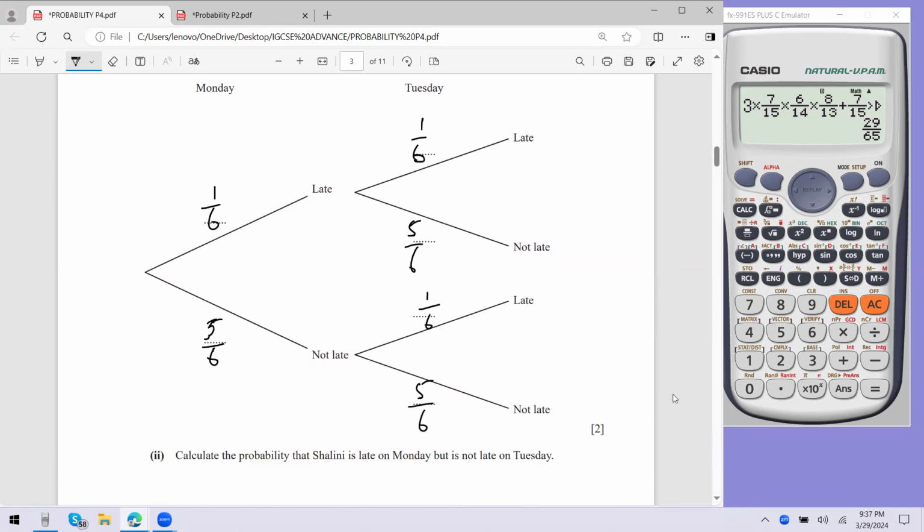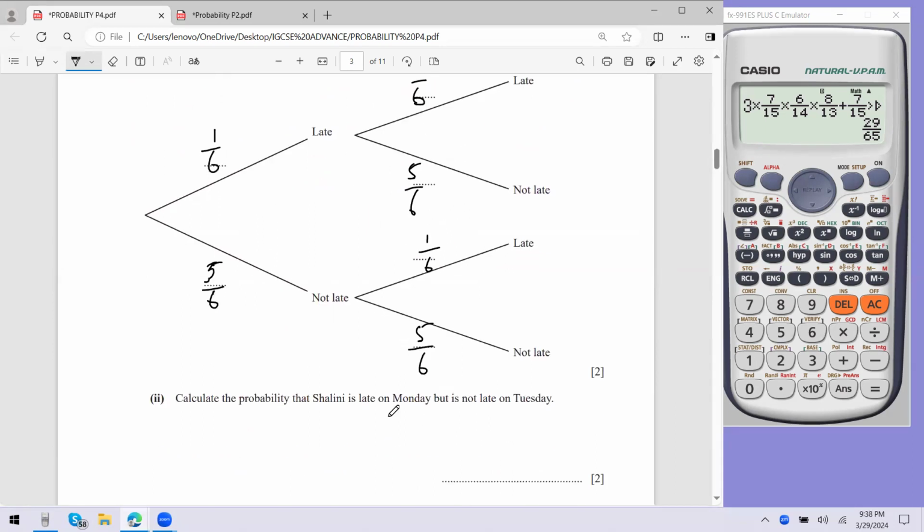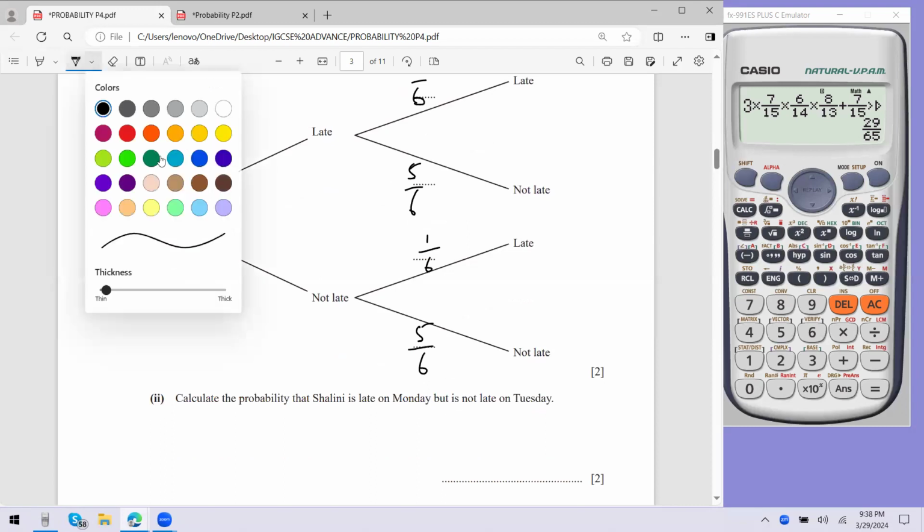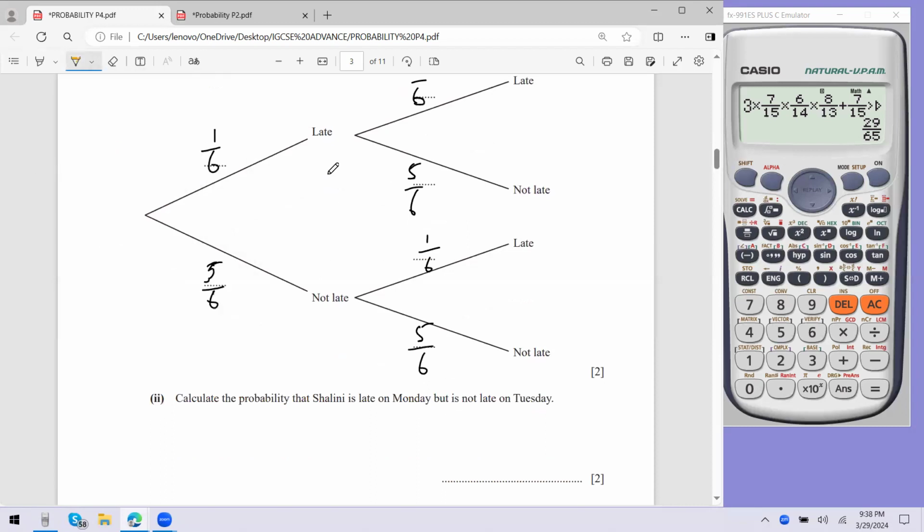All right, easy. Calculate the probability that Shalini is late on Monday but not late on Tuesday. Late on Monday, not late on Tuesday. So this is the path that we need to follow. So that is 1 by 6 multiplied by 5 by 6. Whenever you are following the same branch, you need to multiply the probabilities.